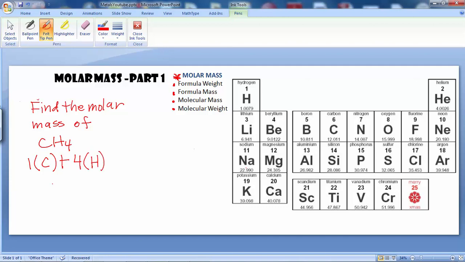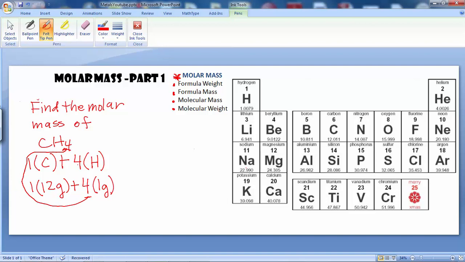So, just as we did with formula mass, we want to take the atomic mass of carbon, which is 12 grams, plus the atomic mass of hydrogen, which is 1 gram. Now notice that this number 4 corresponds to the number of atoms we have in our molecule, so it's 4 hydrogen atoms.